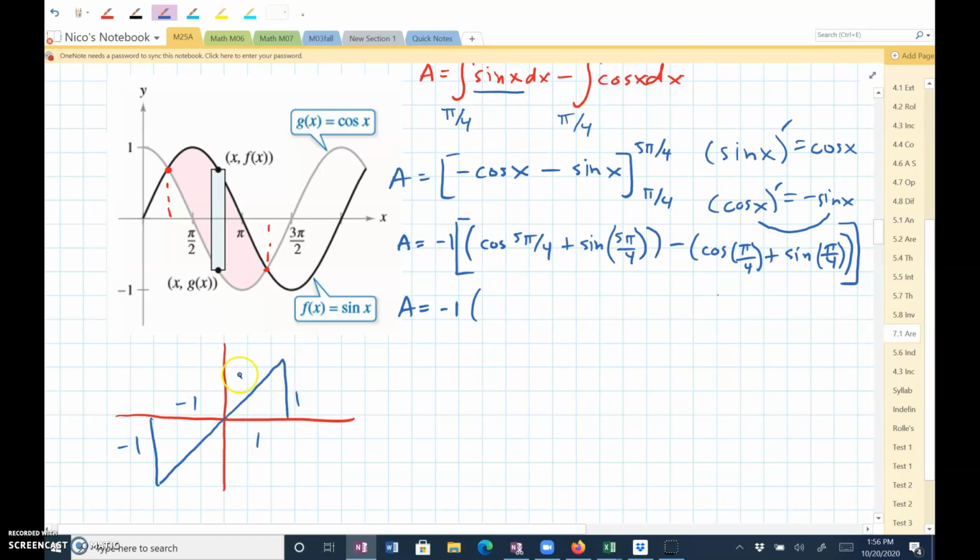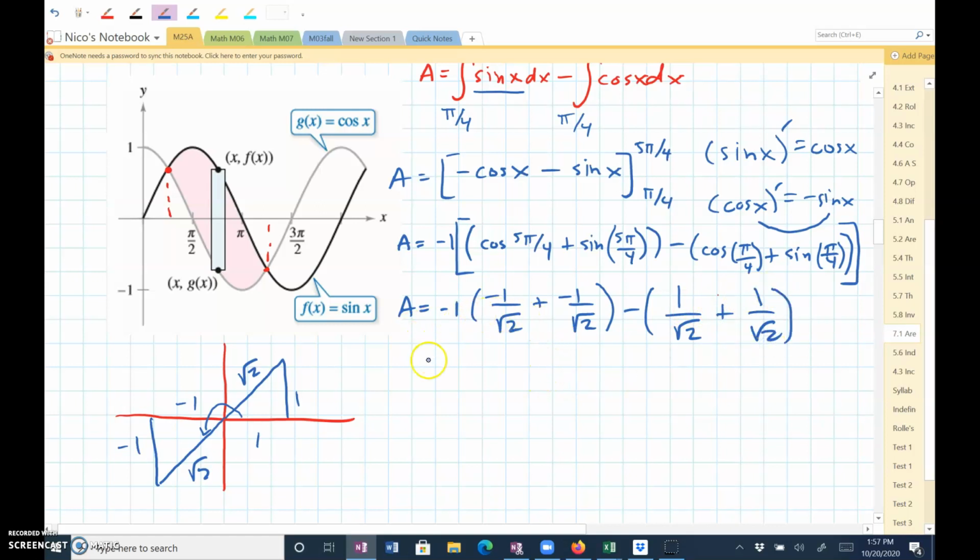So cosine here would be adjacent over hypotenuse, so this is going to be 1 over the square root of 2. Oh, no, this is going to be over here, actually. So this is going to be negative 1 over the square root of 2 plus negative 1 over the square root of 2, minus 1 over the square root of 2 plus 1 over the square root of 2.